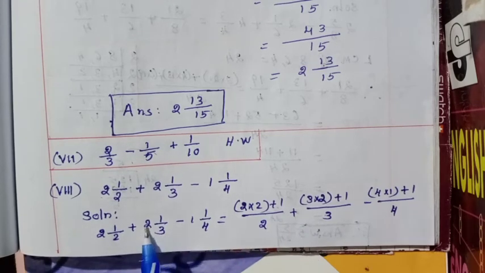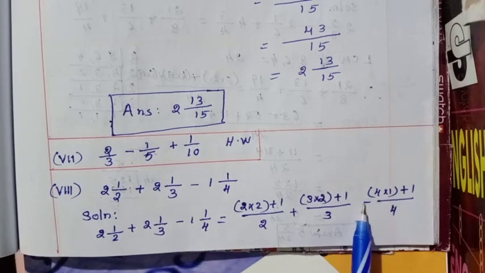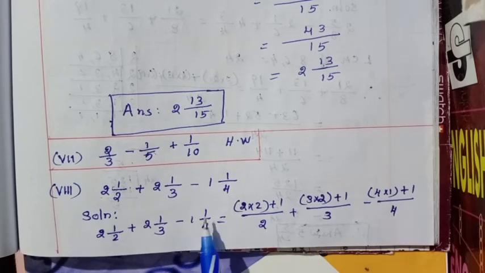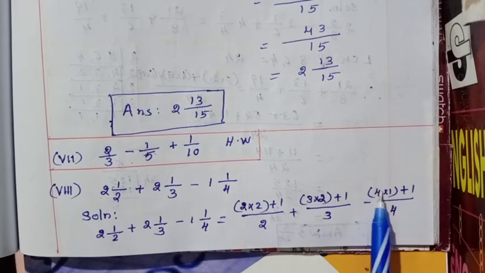Next one is 3 into 2, 6, plus 1, that is 3 into 2 plus 1, all by the same denominator 3. Next, minus sign, 4 into 1 plus 1, all by the same denominator 4.